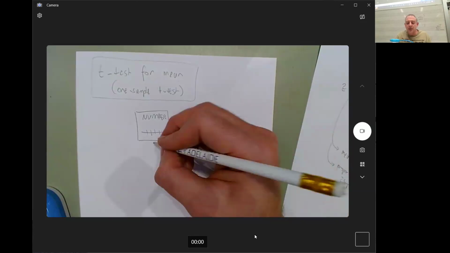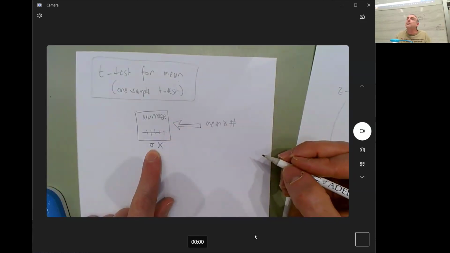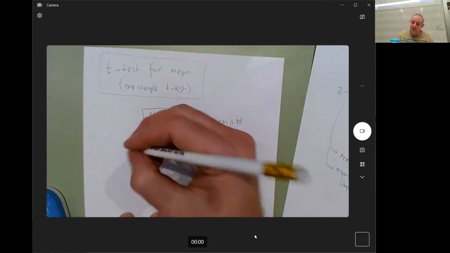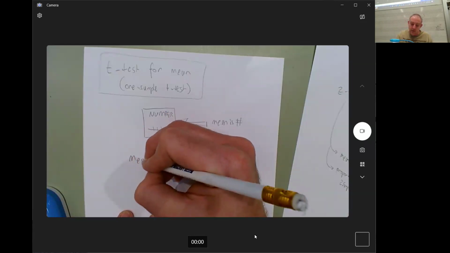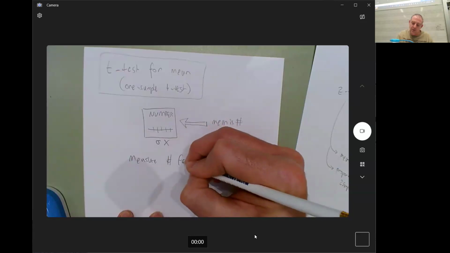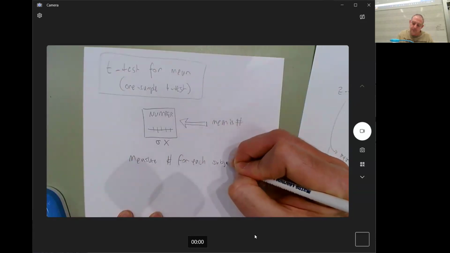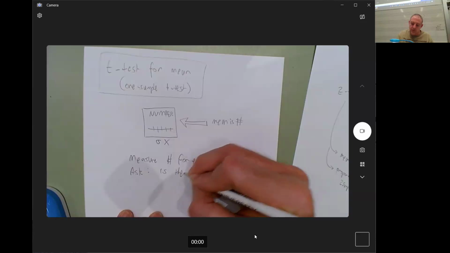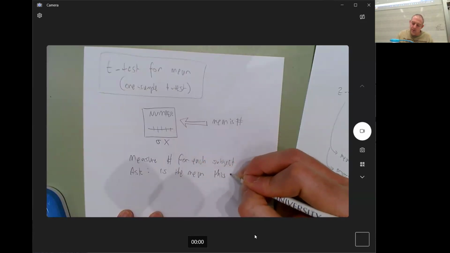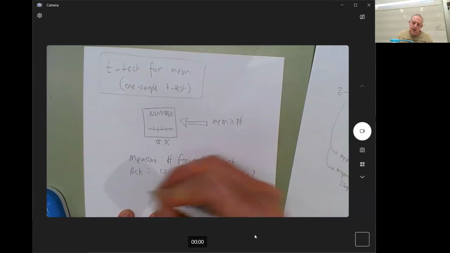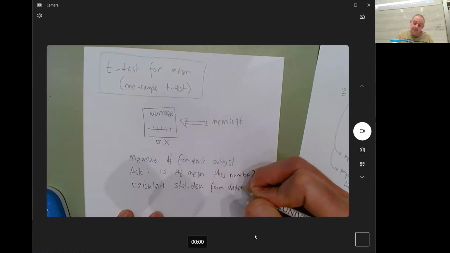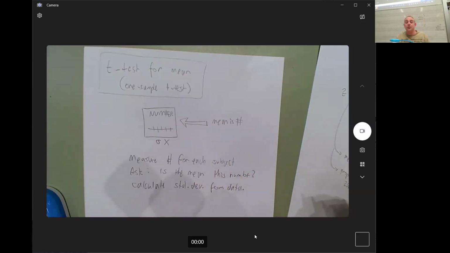But the difference is that you do not know what the sigma is. You calculate the standard deviation from the data. So it's still the same situation. Measure a number for each subject. Ask, is the mean this number? And also calculate standard deviation from the data. That is the situation in which you use a t-test for a single mean.